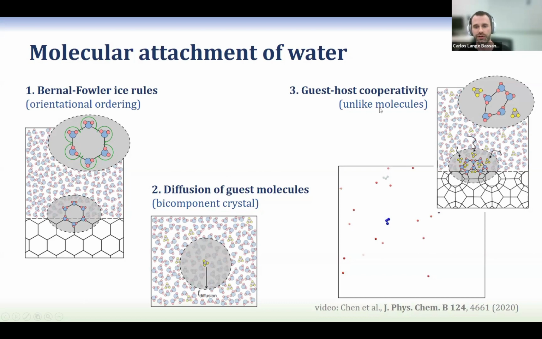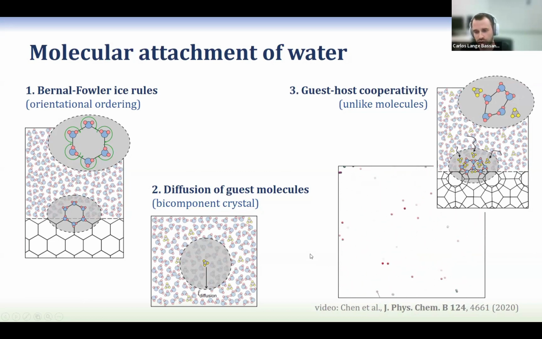And there is a third phenomenon. We call it the gas-host cooperativity effect. In order for these rings of water that form the cages to form, we need some gas molecules blocking hydrogen bonding with the other water molecules in the surroundings. And here is a video of a molecular dynamics simulation from the literature.